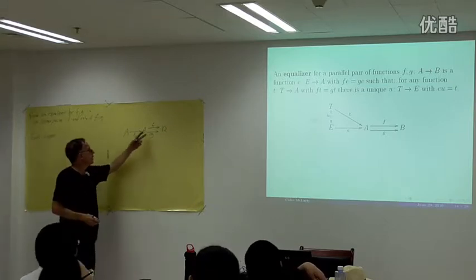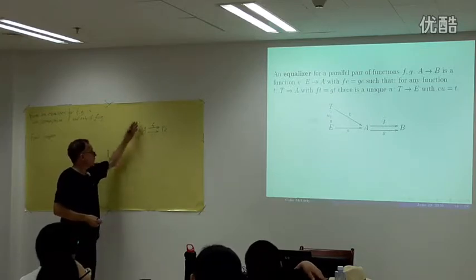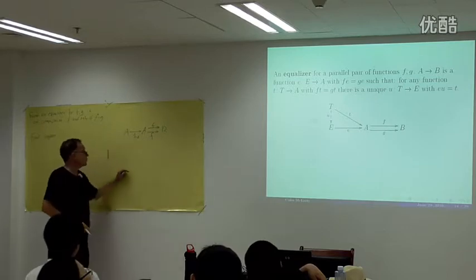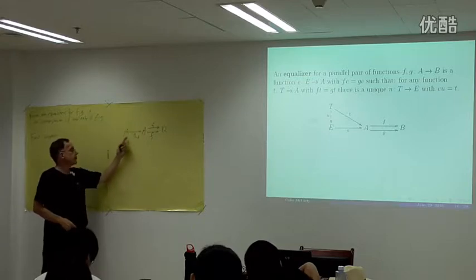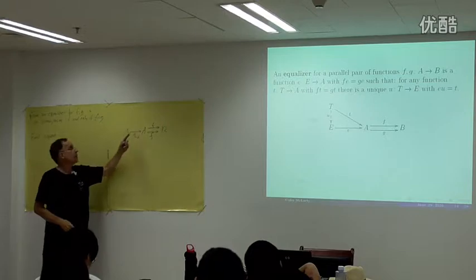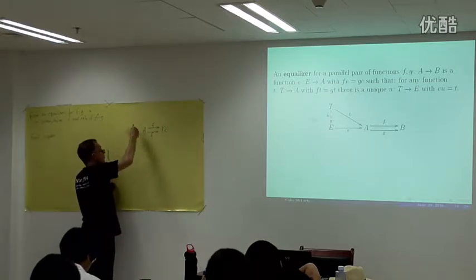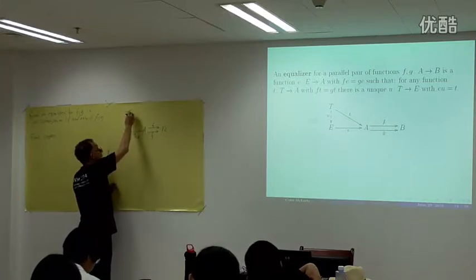Because we know that equalizers are unique up to isomorphism, so if this diagram is an equalizer, then every equalizer for that is equivalent to this, so it will be an isomorphism also. How do we know this is an isomorphism? Well, this is directly by definition.